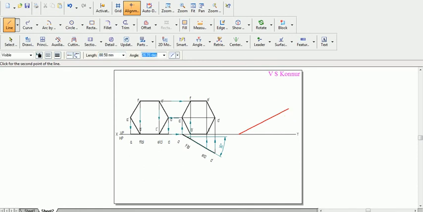Length may be anything, but the angle should be 45 degrees.